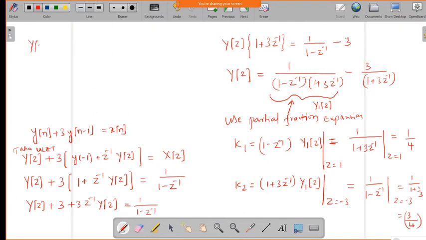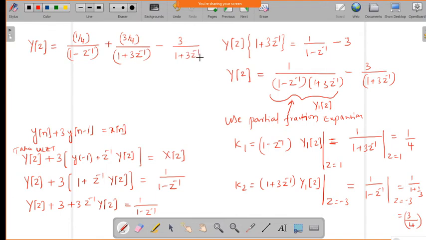So what is your y of z? Final y of z to take the inverse z transform. So it is k1, 1 by 4 divided by 1 minus z inverse plus 3 by 4 divided by 1 plus 3 z inverse minus 3 by 1 plus 3 z inverse.